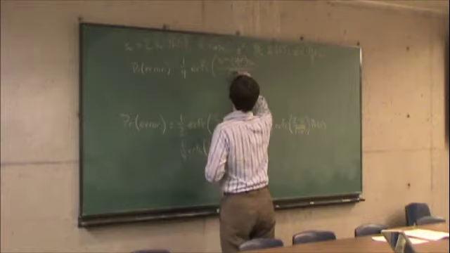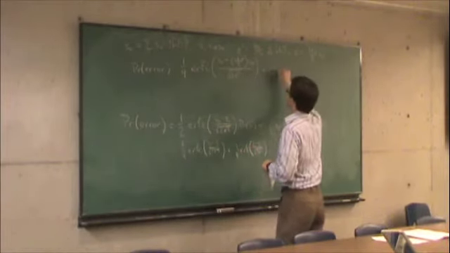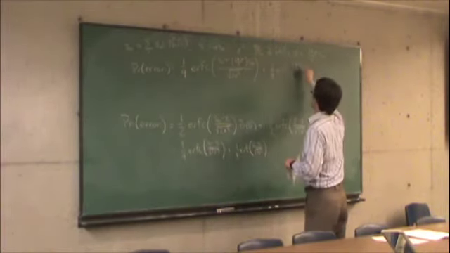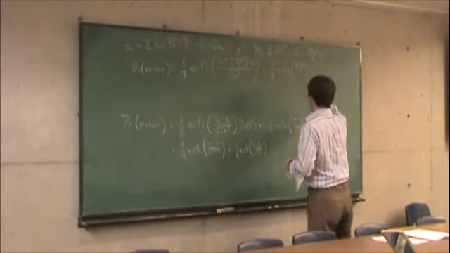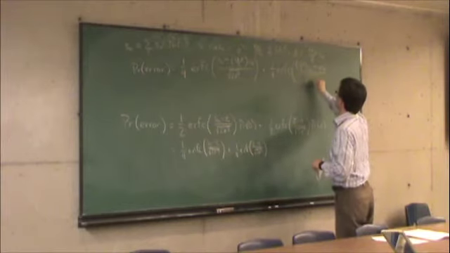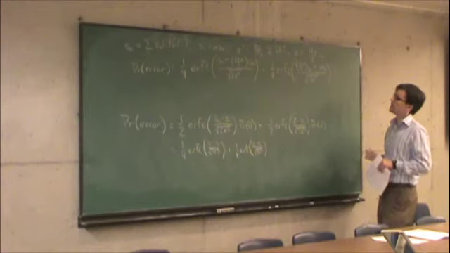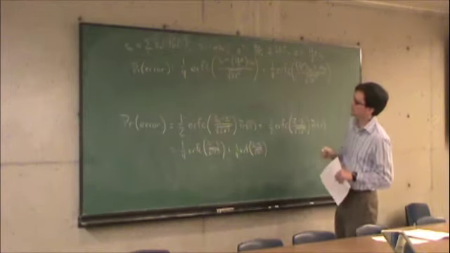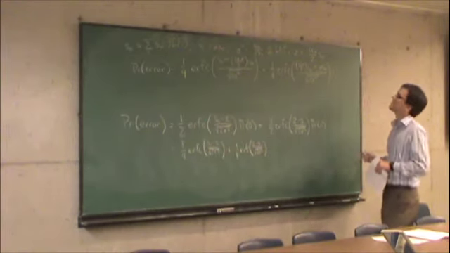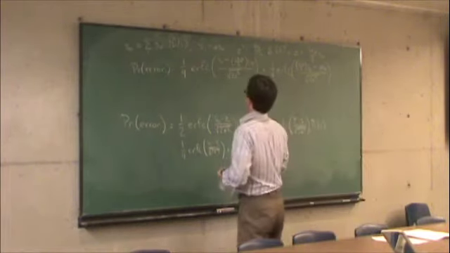Divided by root 2 sigma squared. Plus 1/4 erfc of ((1 plus alpha) over 2 S0 minus S1, which is alpha S0) divided by root 2 sigma squared. Okay, so now we basically eliminated S1 and Z, but we've added alpha. But alpha is given, so that doesn't really matter.